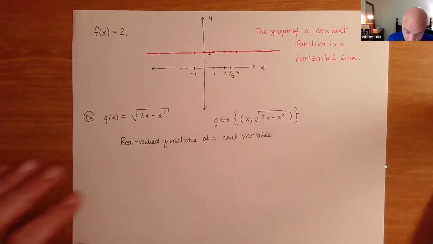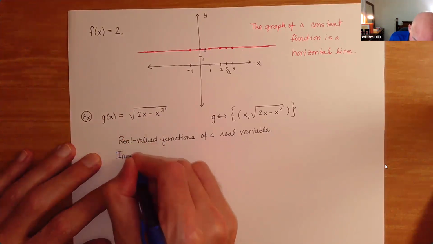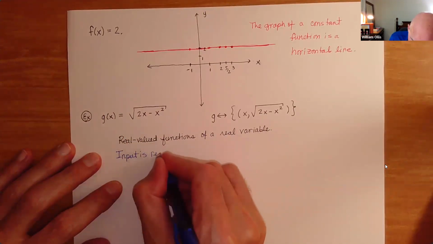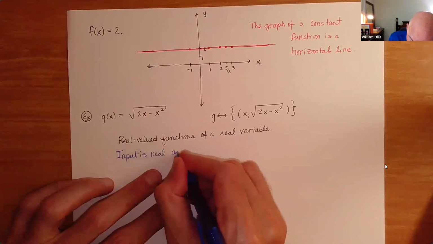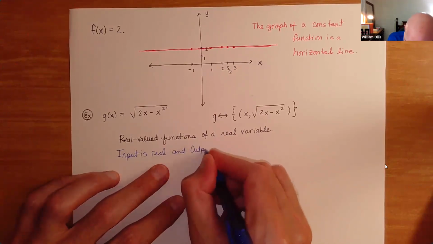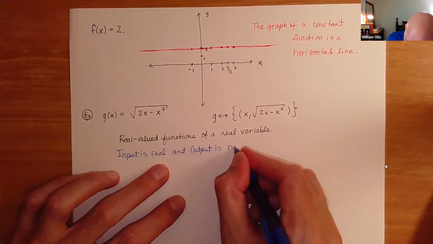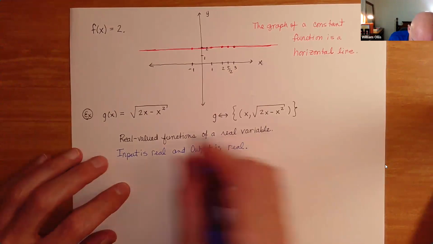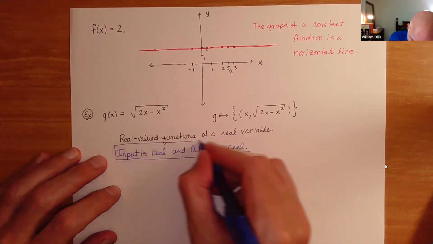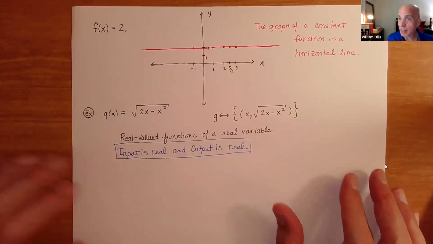So at this point, we'll say input is real, that is real variable, input is real, and output is real. Now, of course, when you're writing a function, and this is very important, if you are the author of the function, you can specify what the domain needs to be.